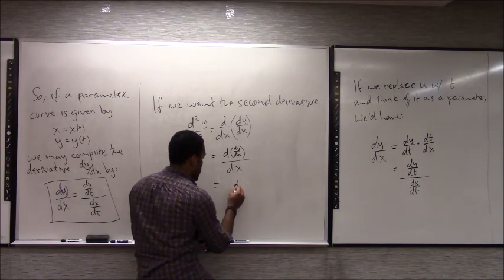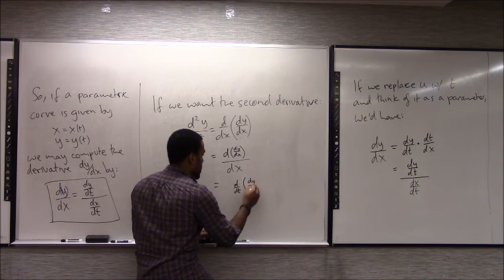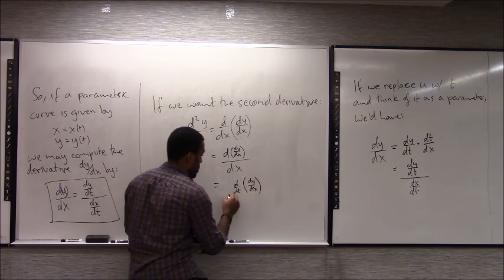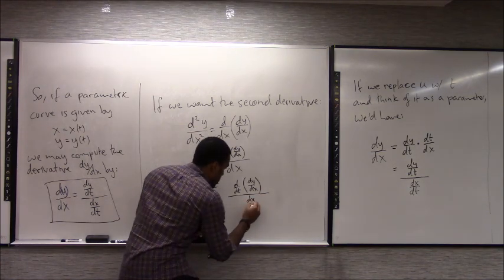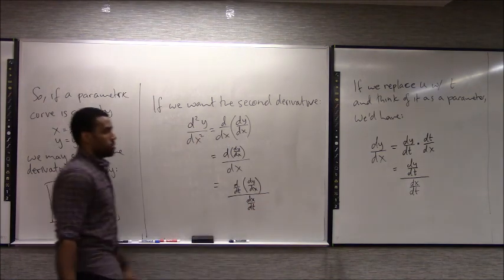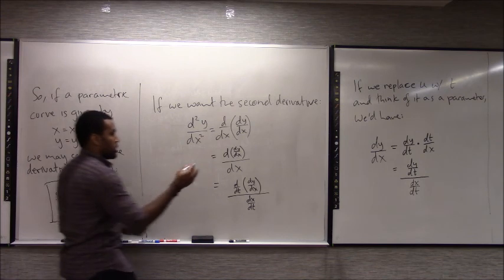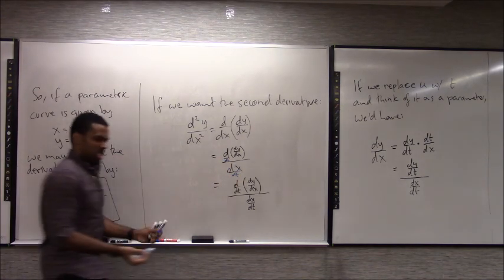So this is going to mean d dt of dy dx, which by the way, is going to be a function of t if we use this formula, divided by dx dt. Another way you can actually get that by cheating is just to divide the top and bottom by dt, and you get it right away.